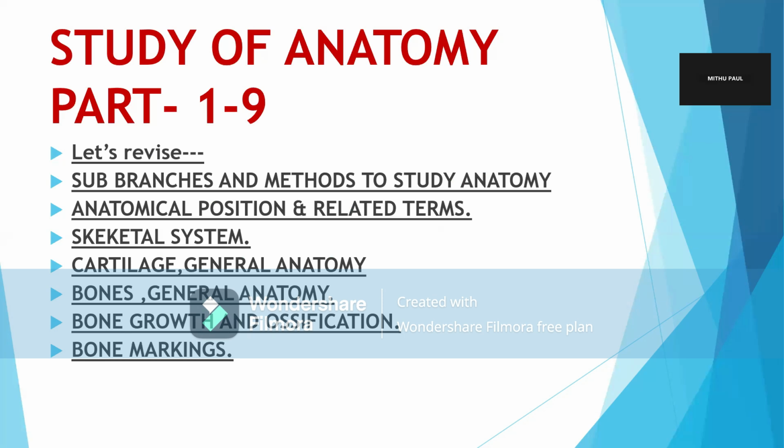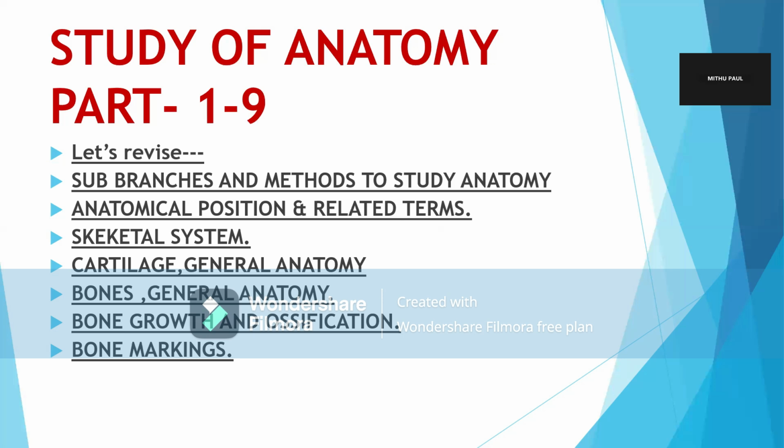We have till now covered the sub-branches and methods to study anatomy, anatomical position and related terms, very, very important. Skeletal system, cartilage and bones, their general anatomy. We have studied bone growth and ossification, bone markings. In revision of all of this, the last one, the bone markings, take your bone sets along with you.